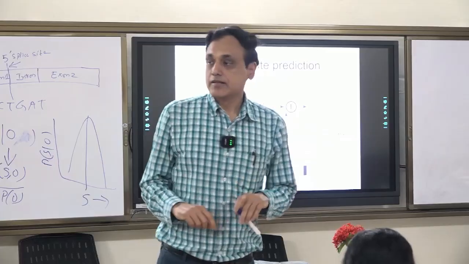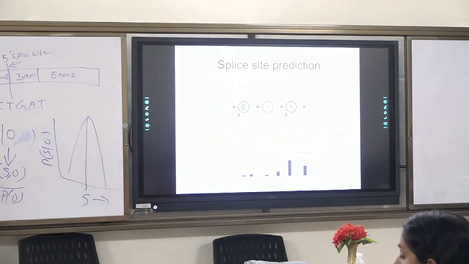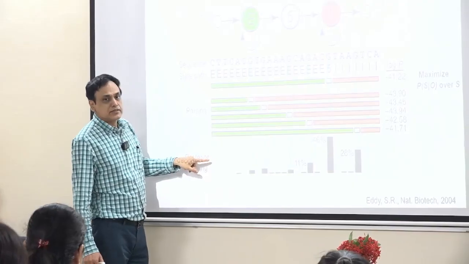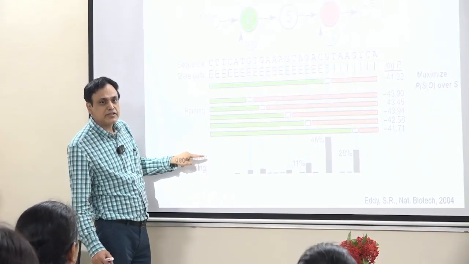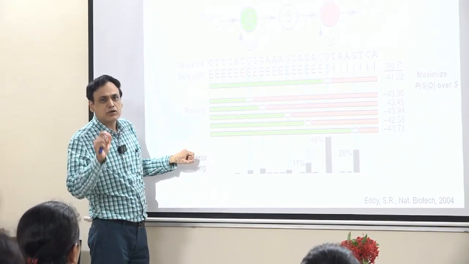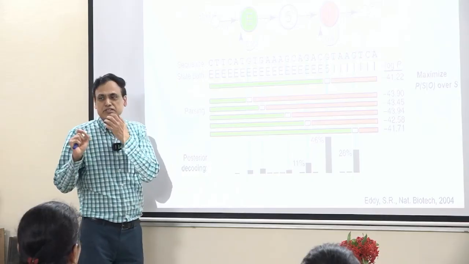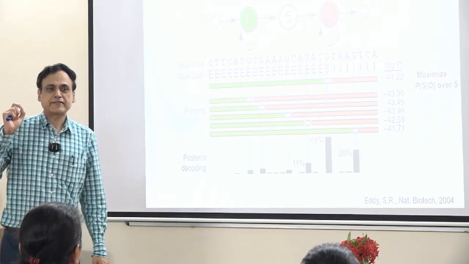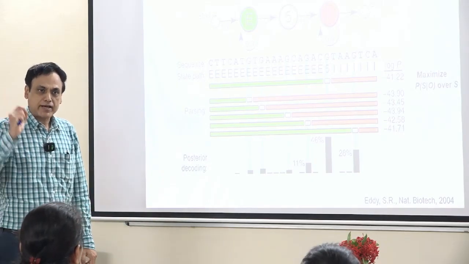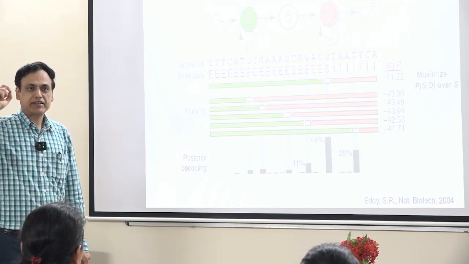The other approach is to compute for each position the posterior probability of the 3 states: the probability of being exonic, being 5' splice site, being intronic.